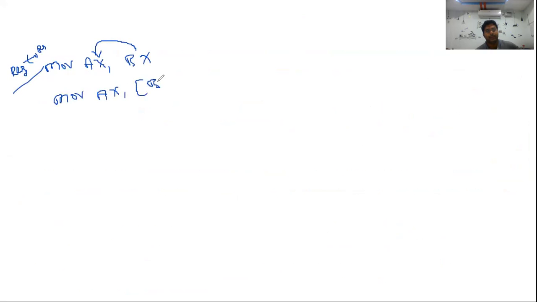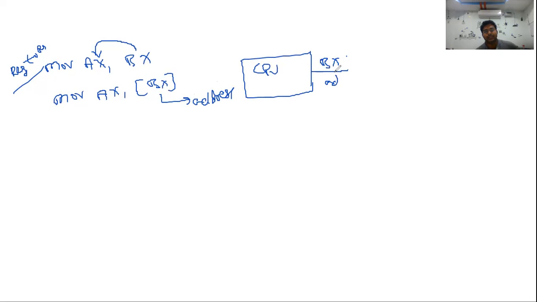Okay, then next one, see the MOV AX, [BX]. The bracket represents that this is the address. Let me show this in a diagram also. The CPU points to the BX register address location in the memory. This is the memory.